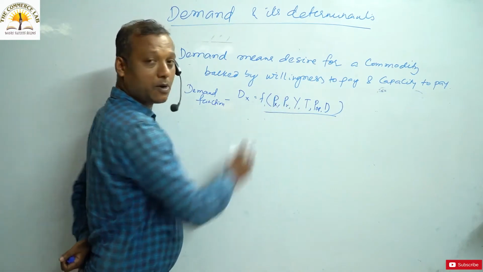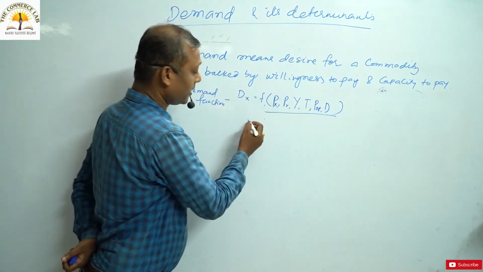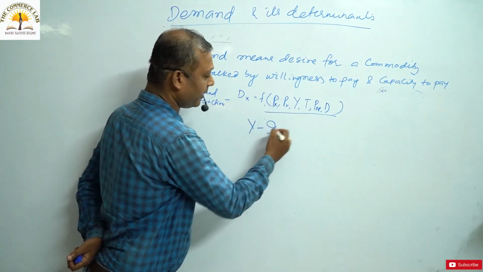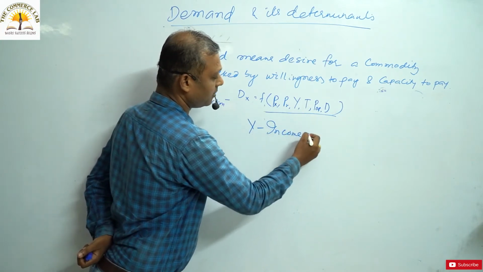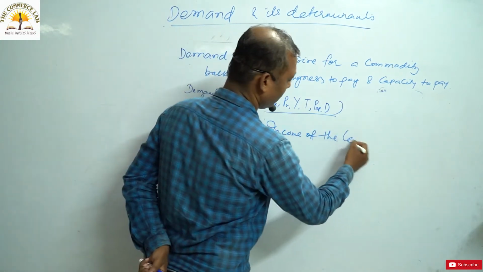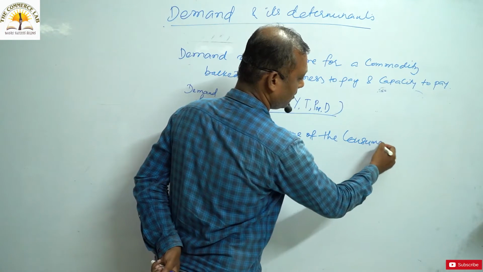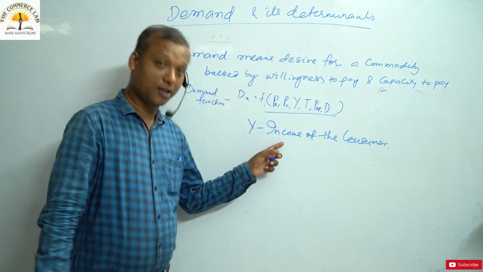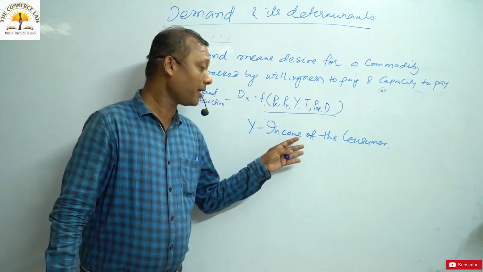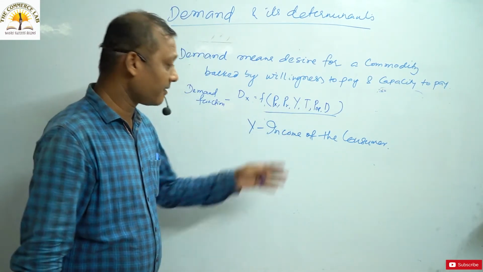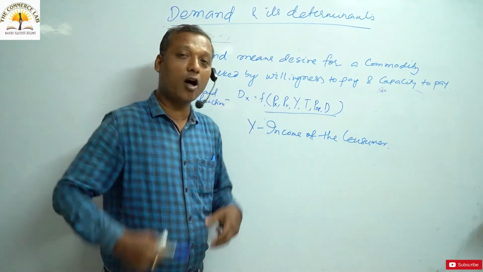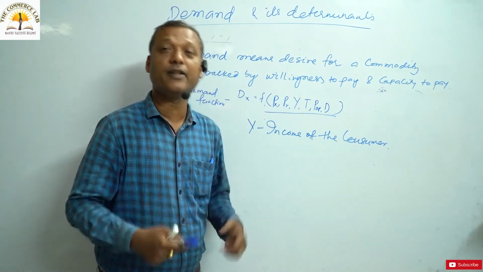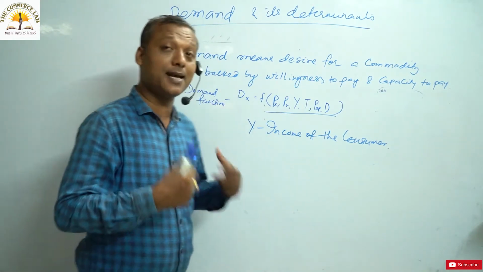Coming down to discuss other determinants of demand, let us talk about Y, which stands for income of the consumer. When you talk about income of the consumer, it is very simple to understand that normally we purchase more with more income and we purchase less with less income.